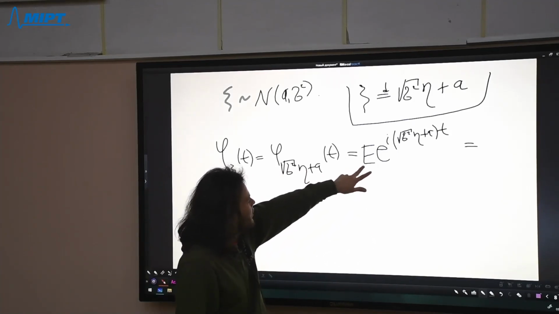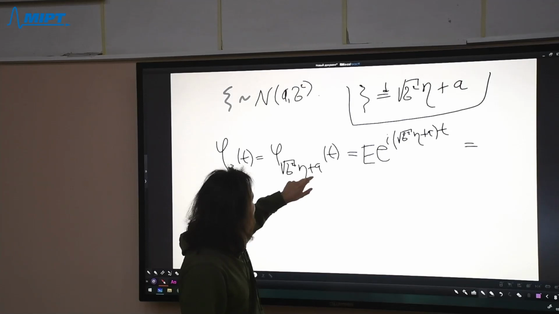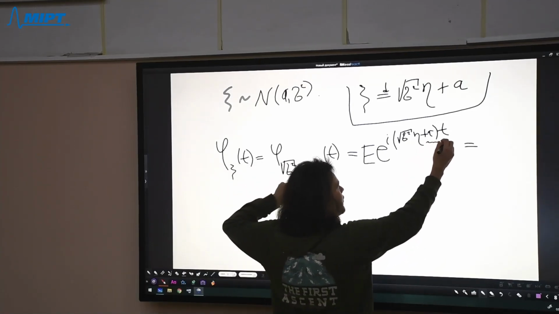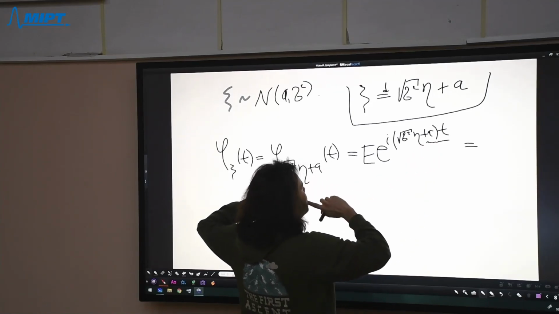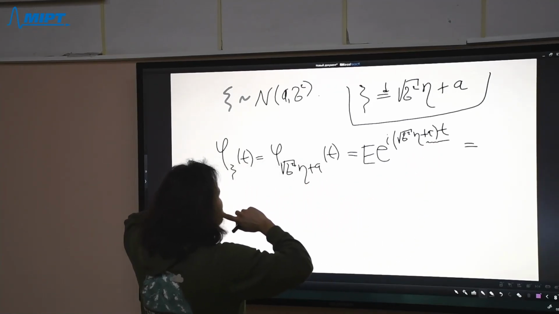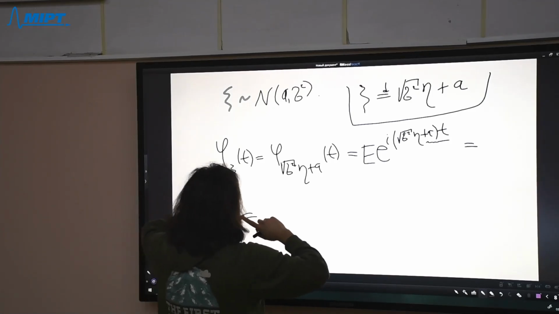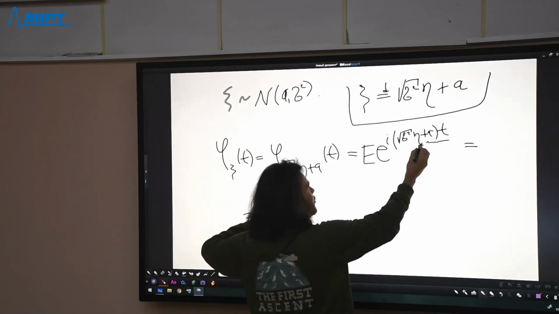I'm looking at the expected value of a random variable, but this part is not a random variable.